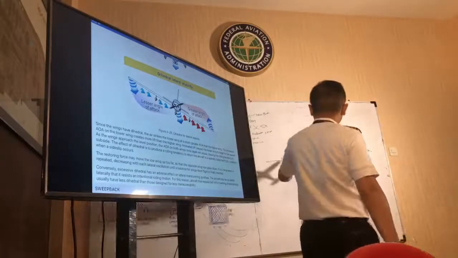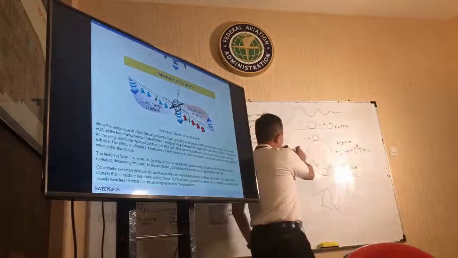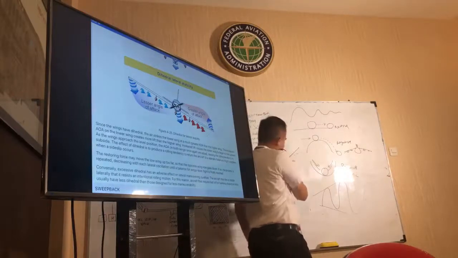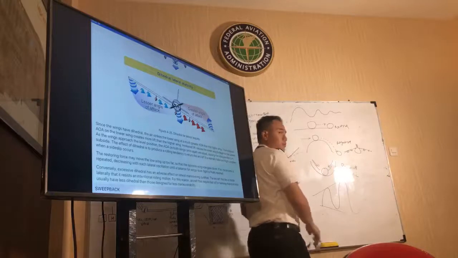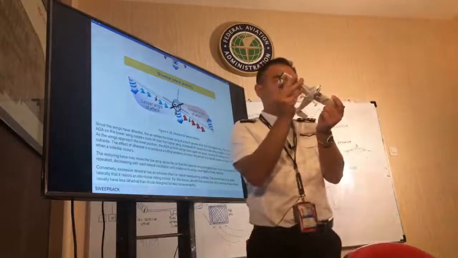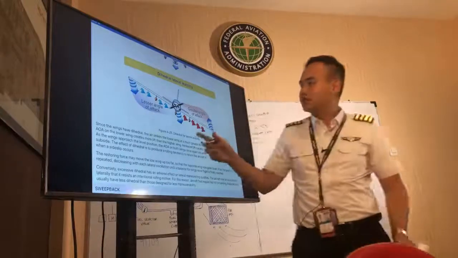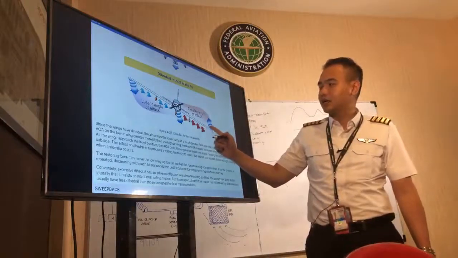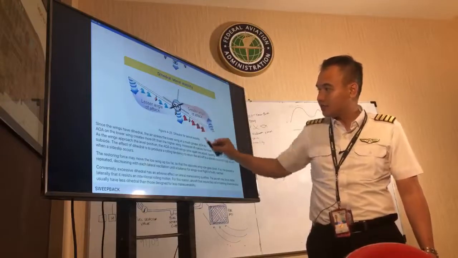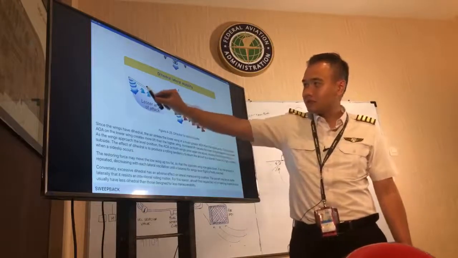So with dihedral, because the wing is bent upward, the lower wing gets more angle of attack, because it is the relative wing compared to this side. More angle of attack means more lift. Let's say you have a dihedral wing here, then this side gets a greater angle of attack because when it turns, the air is coming from this side compared to this side.